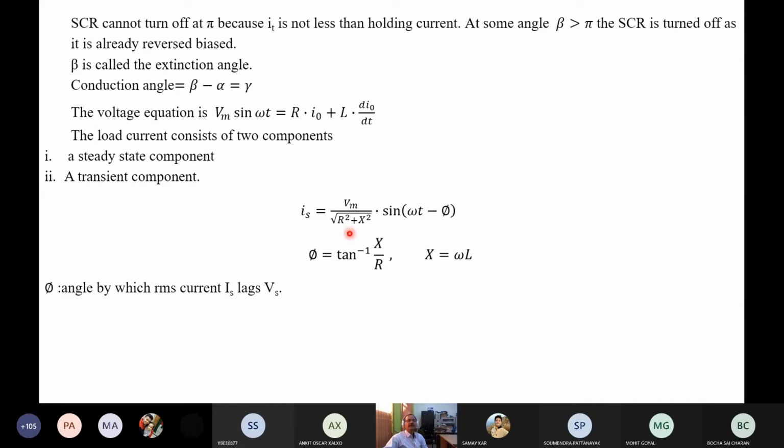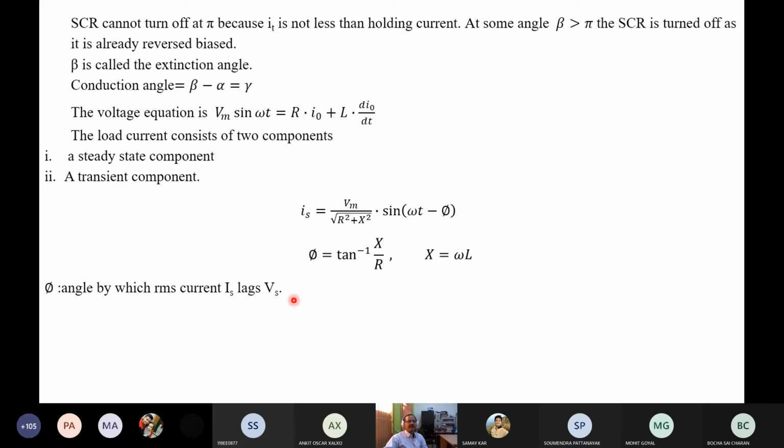The solution of this first order differential equation will give two components. Here we are calling them the steady state part and the transient part. The steady state part is Vm by Z times sin(omega t minus phi). Phi is tan inverse X by R, where X is equal to omega L. Phi is the angle by which the RMS current IS lags VS. That I told you, phase control rectifier.